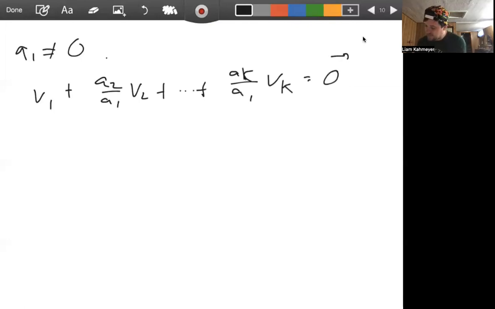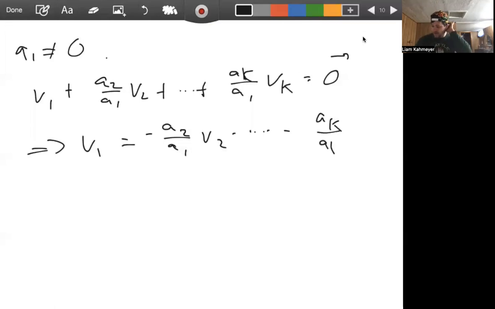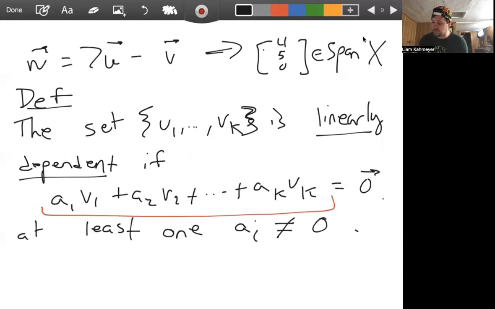This means v1 is equal to negative a2 over a1 v2 minus et cetera, minus ak over a1 vk. Then v1 is a linear combination of these other vectors, which is exactly what it means to be linearly dependent. This is where that criterion comes from.